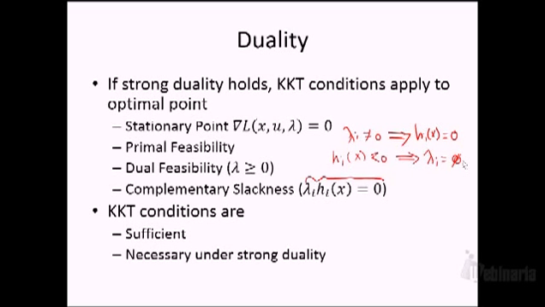And we want KKT to be necessary, because if this is not the case, the algorithm might return no solution, even though an optimal point might actually exist, but it just doesn't satisfy KKT conditions. So that's why when we use KKT conditions as a characterization for the optimal point, we want them to be both sufficient and necessary.